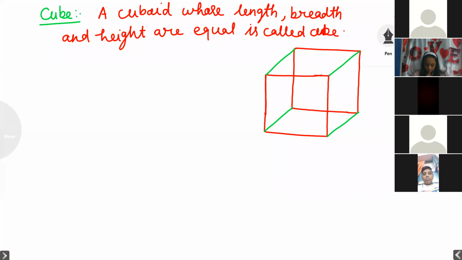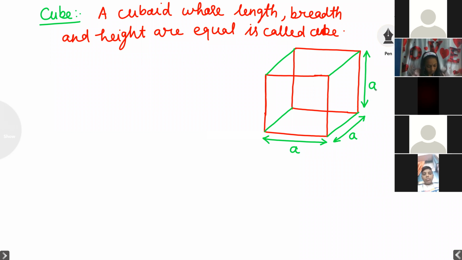Suppose I'm assuming this cube, all sides are a, small a: length, width and height, each and every side is a. Because a cuboid whose length, breadth and height are equal is called a cube, which means length, breadth and height all are equal.